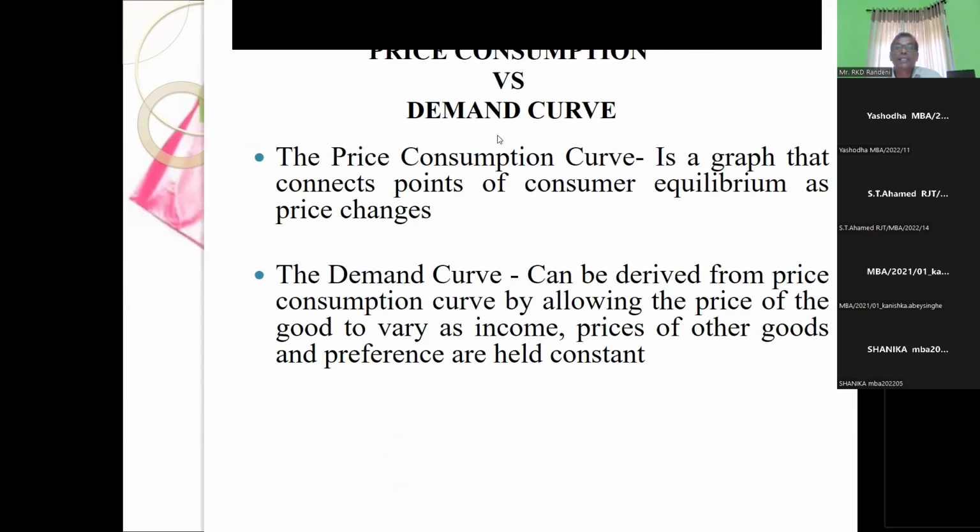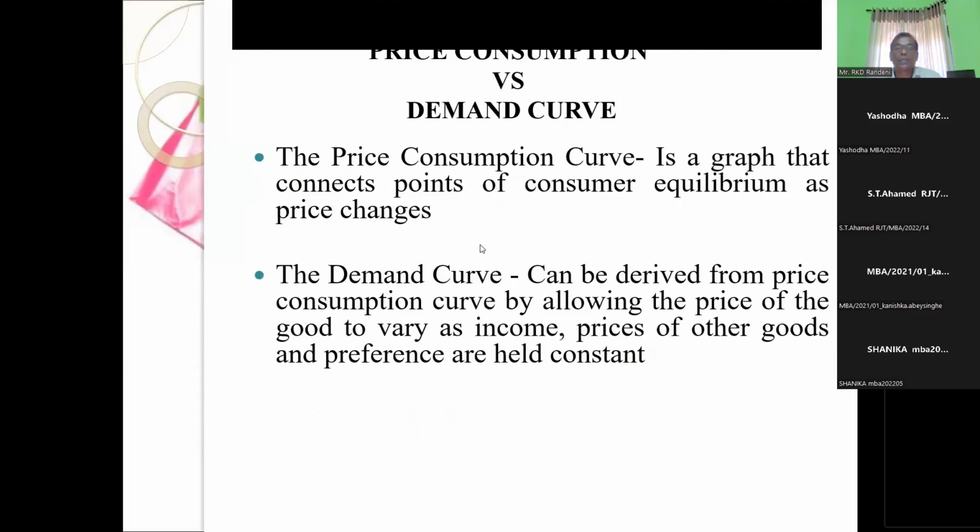Then the price consumption curve and demand curve. The price consumption curve is the graph that connects points of consumer equilibrium as price changes, right? The demand curve can be derived from the price consumption curve by allowing the price of the good to vary as income, price of other goods, and preferences are held constant. So you can see the graph. What happened?